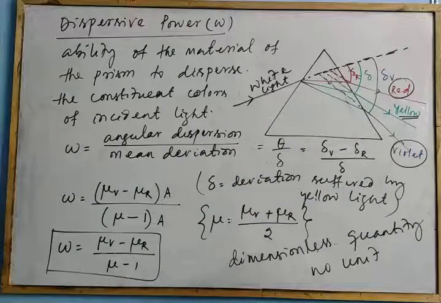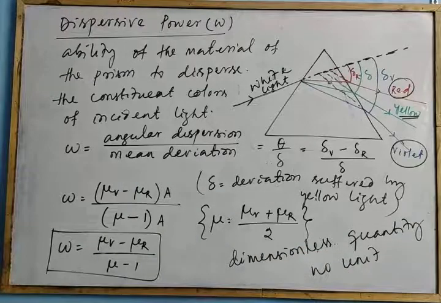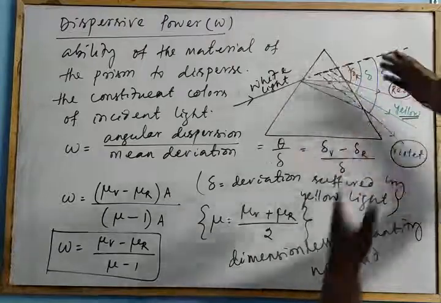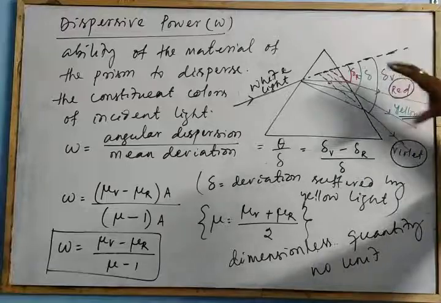Clear? Another thing to remember is that the greater the dispersive power of a material, the larger is the spread of the spectrum produced by the prism. Larger dispersive power means the spreading will be more, the angle of deviations will be more.